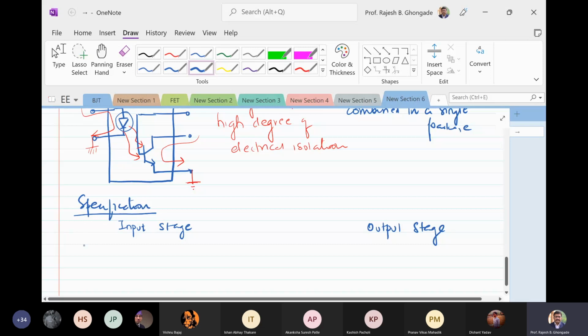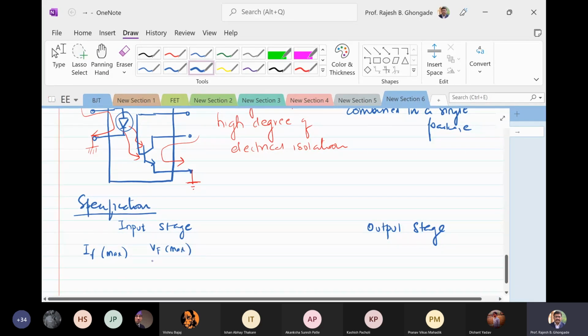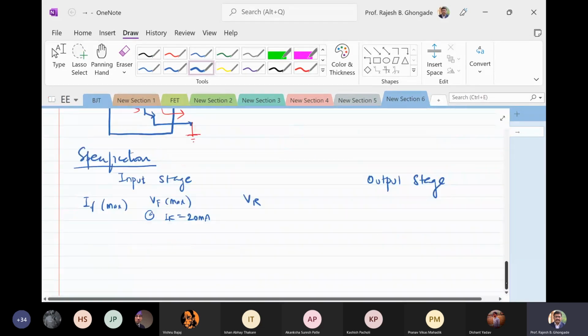So here you have IF. This is concerned with the diode. So forward current, the maximum forward current that you can pass through the diode. VF max, that is the maximum forward voltage at a particular value of IF, which is, let us say, for example, 20 milliamperes, and the maximum reverse voltage which you can apply across the diode.